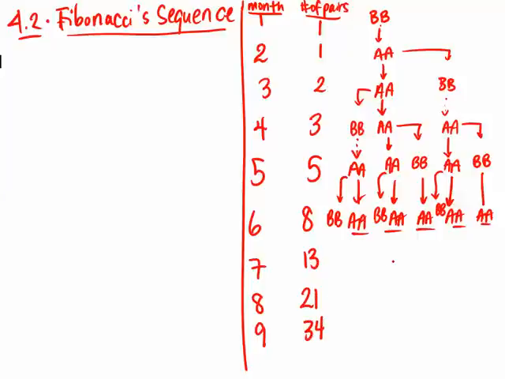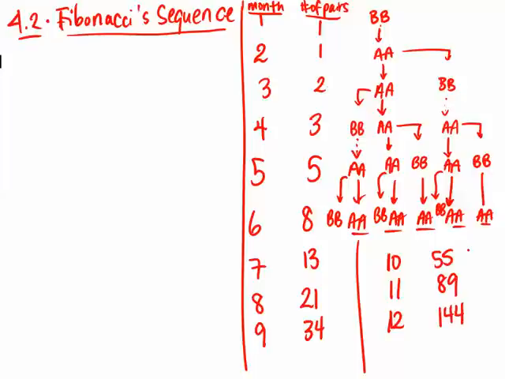For the 10th month, I'll have 21 plus 34 is 55. For the 11th month, I have 34 plus 55 is 89. And for the last month, the 12th month of the year, is 89 plus 55 is 144 pairs of rabbits at the end of that 1 year.